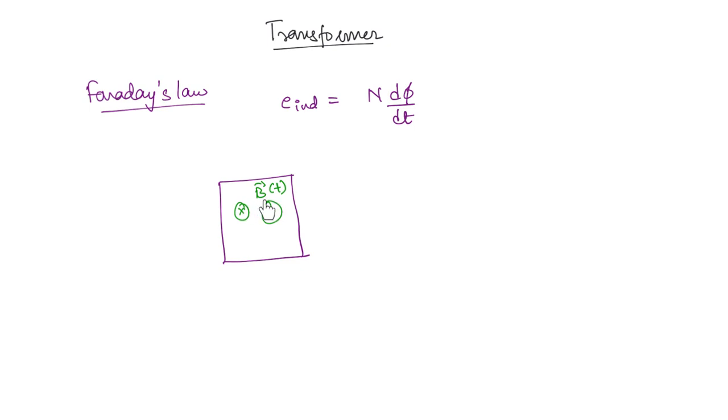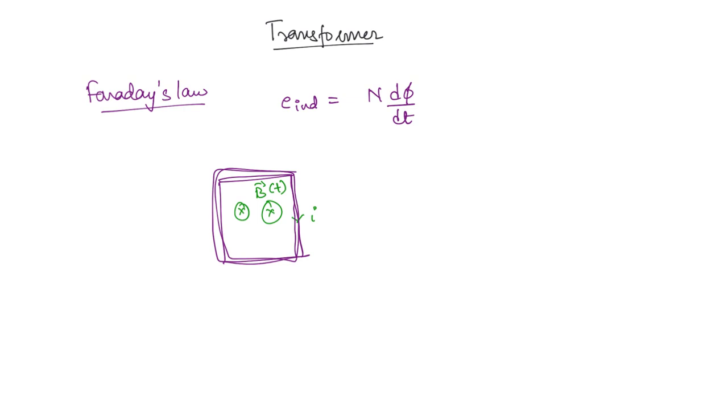Now this time varying magnetic field is going to induce a voltage in this conducting loop, and because of which a current will flow in this loop. Now say this conducting loop has N number of turns. Then that much voltage will be induced, N times d phi by dt.